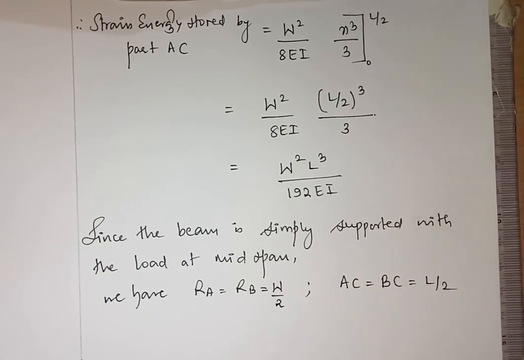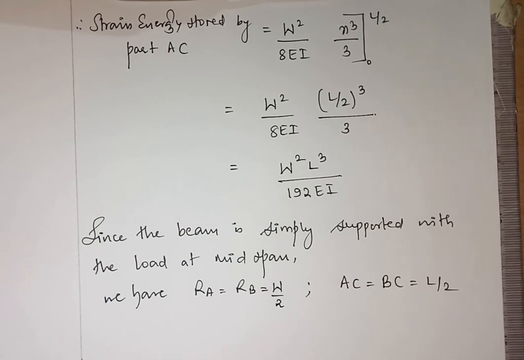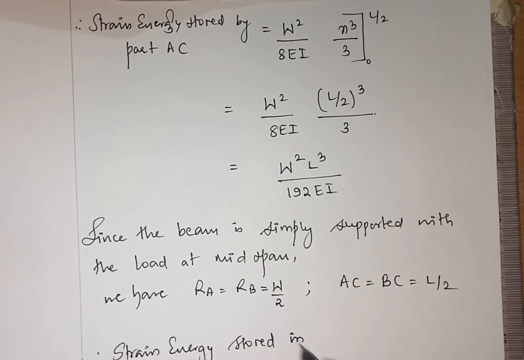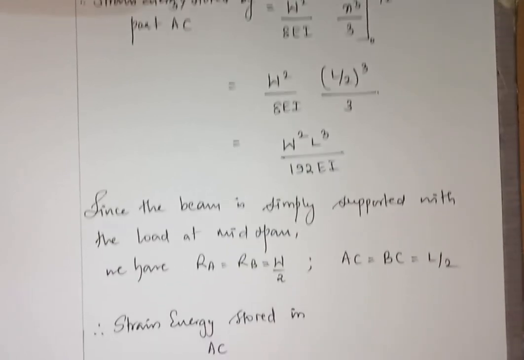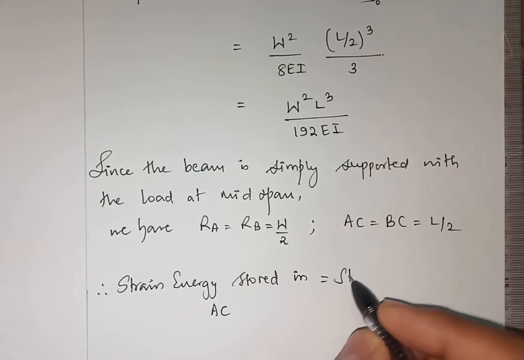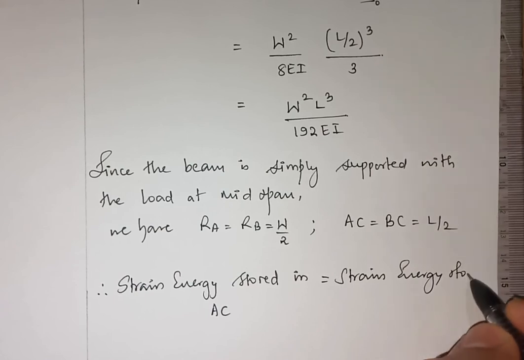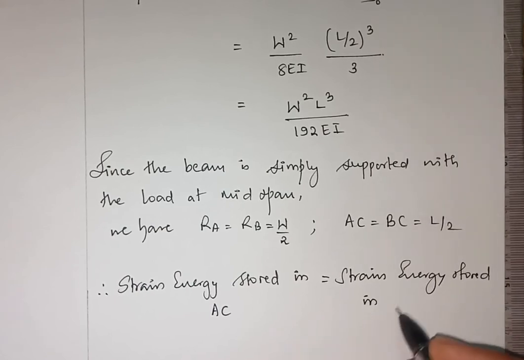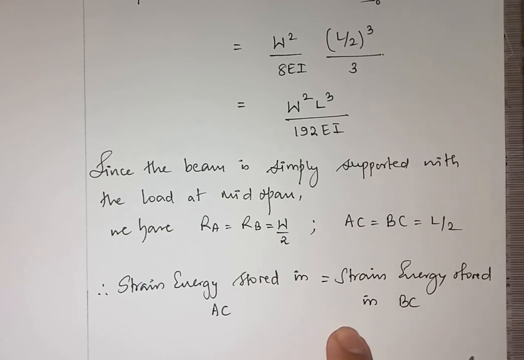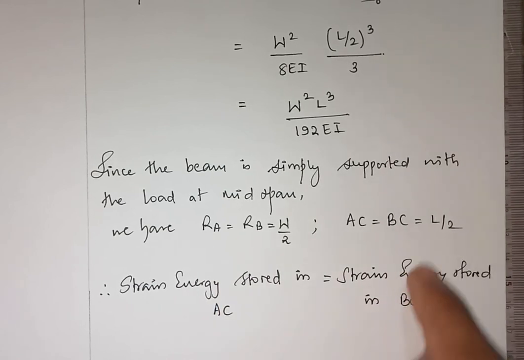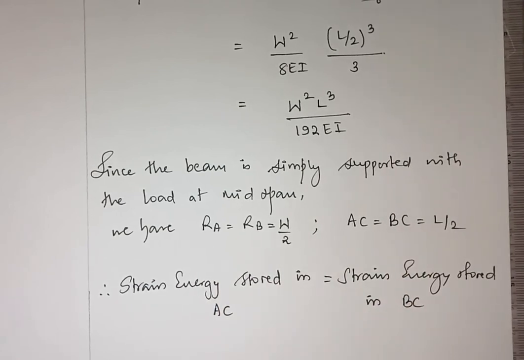Under these two conditions, what I can say is that strain energy stored in AC will be equal to strain energy stored in BC. So this is very important. Why is this equal? Because the reactions are equal and the lengths are equal, and that is the reason the strain energy stored will also be equal.